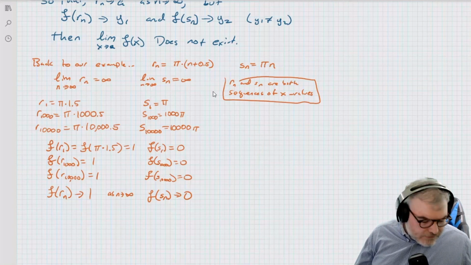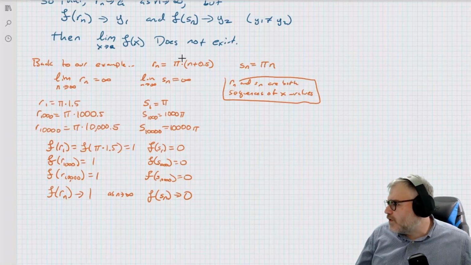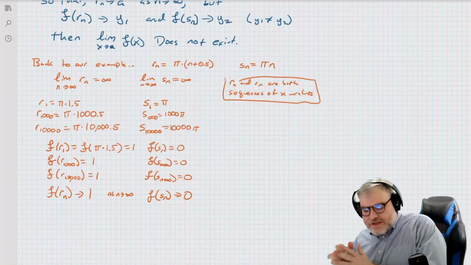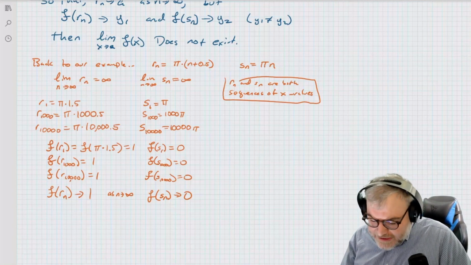Because I never settle. I have multiple things that this goes to as I go to infinity. It could go to 1. It could go to 0. I could pick it so that it went to -1 if I picked odd values here.